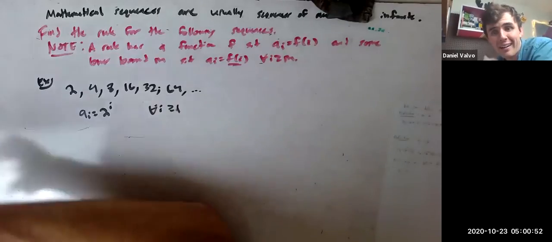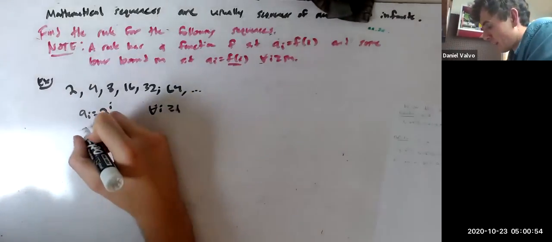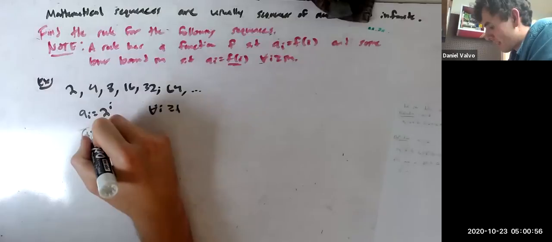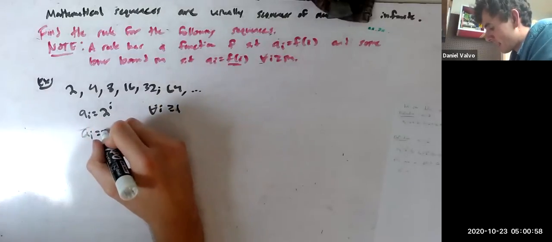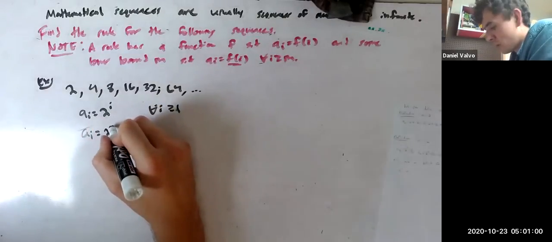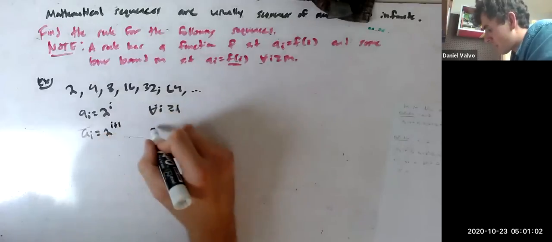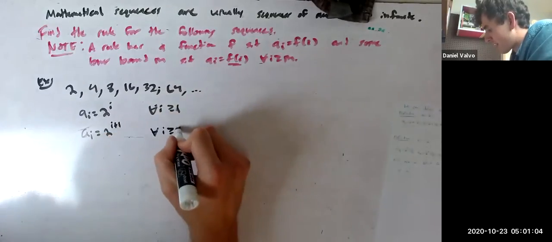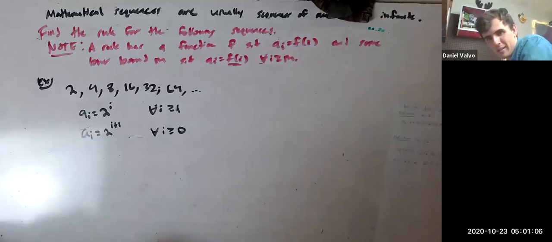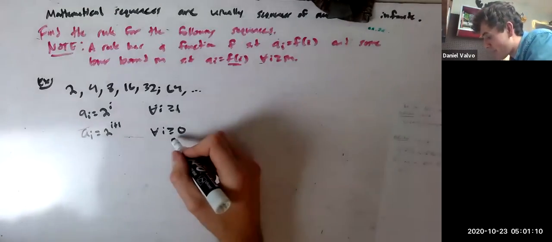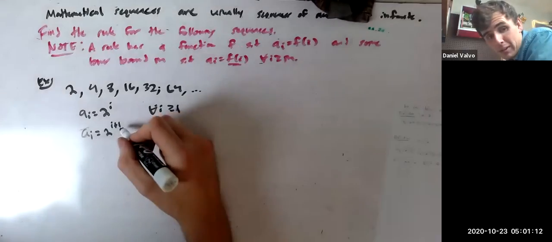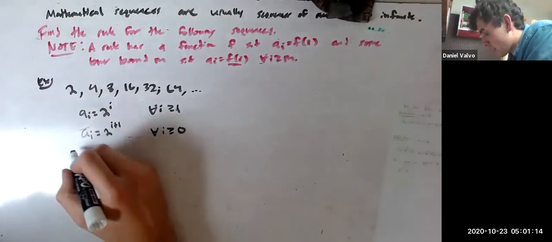Yeah. Alex brought up a good point. What if we say a_i instead equals 2 to the i plus 1 for all i greater than or equal to 0? Now our i starts at 0, but everywhere we're plugging in an i plus 1. So we think about this, right?